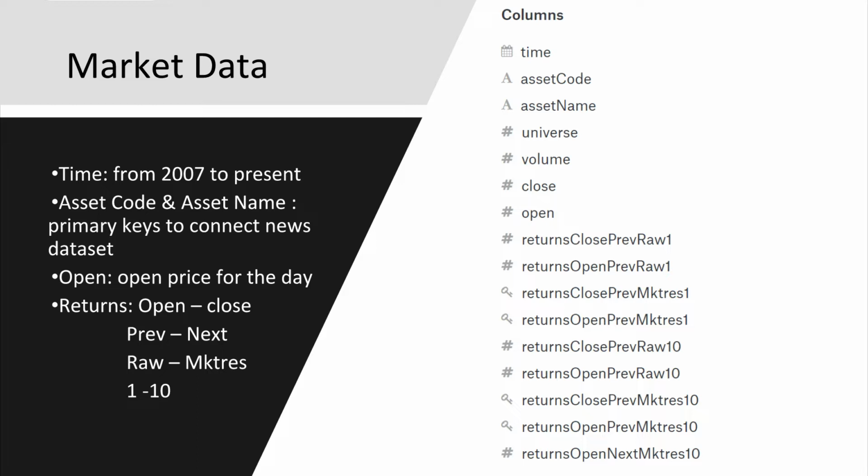You can also see the value 1 or 10 here, which means the time interval, either 1 day or 10 days. Let's look at some sample data. We can open this web page in Chrome.